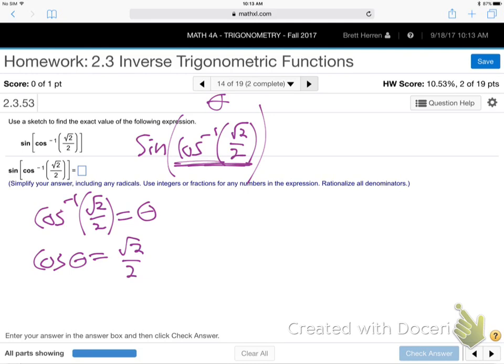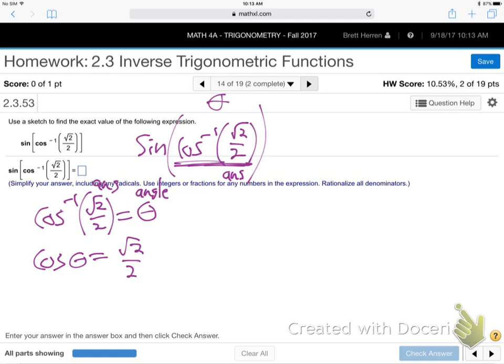Remember, root 2 over 2 is an answer, isn't it? It's being put into an inverse trig function. So root 2 over 2 is an answer. So you put in an answer, get out an angle, call it theta.